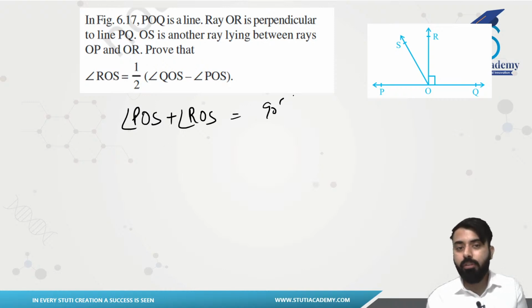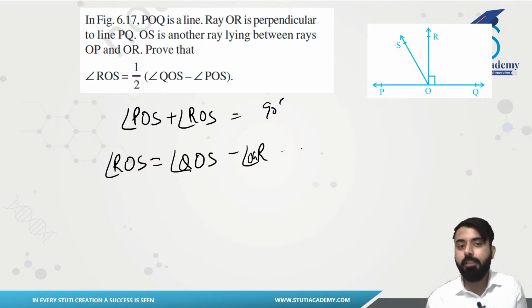Now if I want to find this ROS, how can I write it down? Angle ROS will be equal to angle QOS, that means this one, minus angle QOR, right?